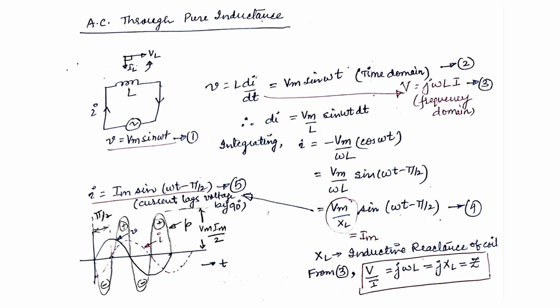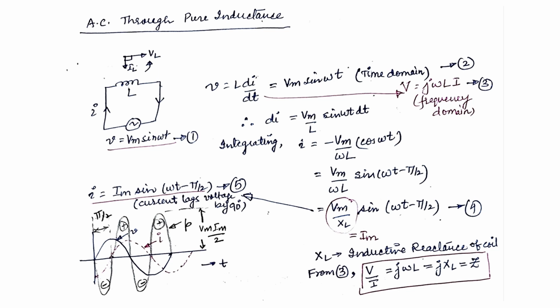AC through pure inductance. By purely inductive coil is meant that it has no ohmic resistance and hence no I square R losses. Basically, this is a coil of thick wire which has negligible resistance. Now, when alternating voltage is given to this inductive coil, a back EMF is produced due to the self-inductance of this coil.